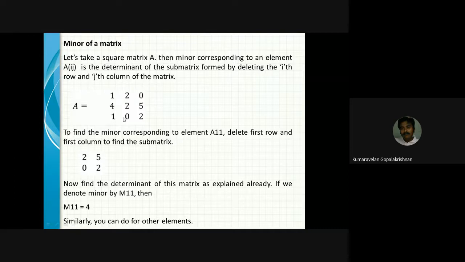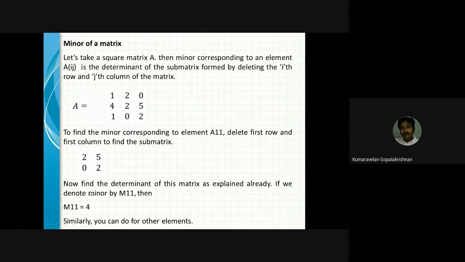The remaining values are 2, 5, 0, 2. We already know how to find the determinant. That is 2 into 2, 4, minus 0 into 5, 0. So the answer is 4. So the minor of the element 1 of the matrix A is 4.